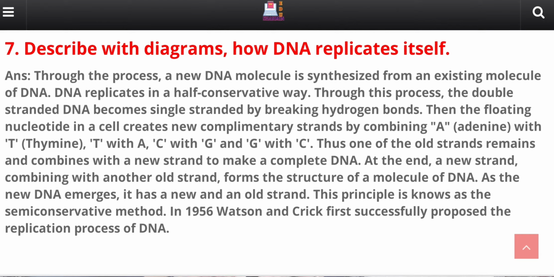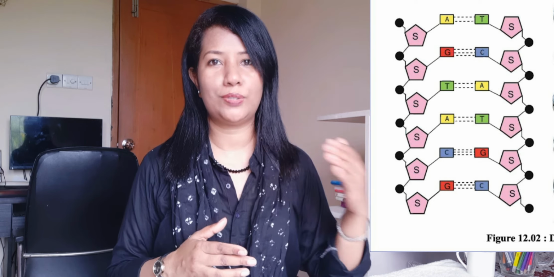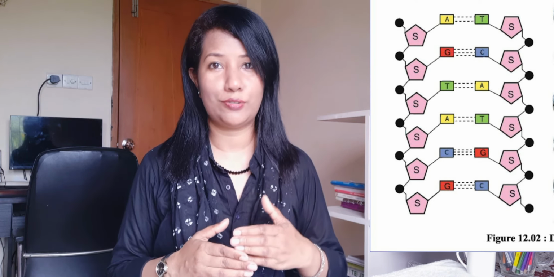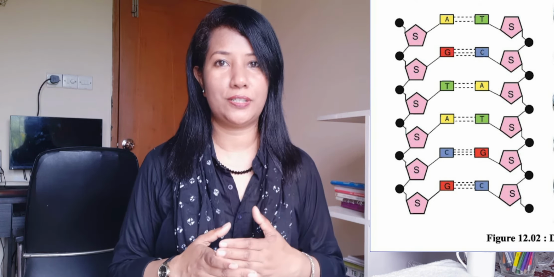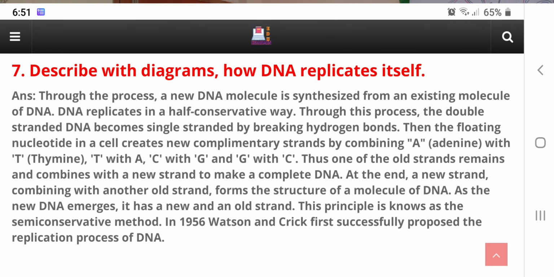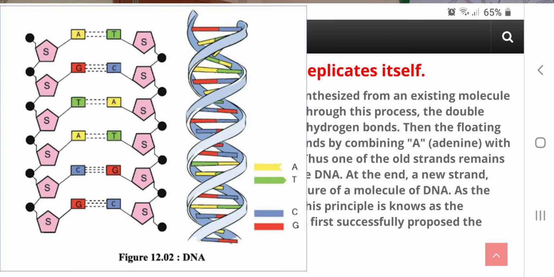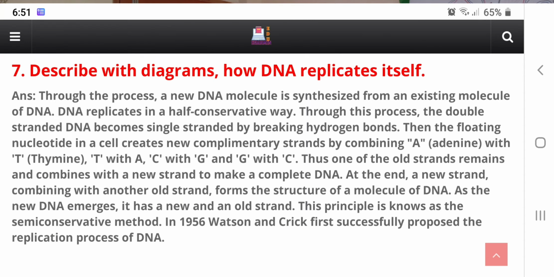Through this process, the double-stranded DNA becomes single-stranded by breaking hydrogen bonds. Then the floating nucleotides in the cell create a new complementary strand by combining adenine with thymine, thymine with adenine, cytosine with guanine, and guanine with cytosine. So one of the old strands remains and combines with a new strand to make a complete DNA.